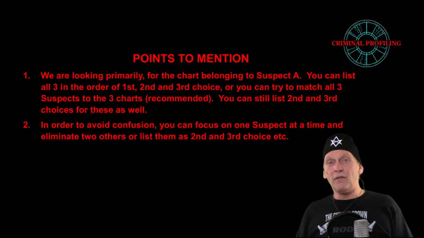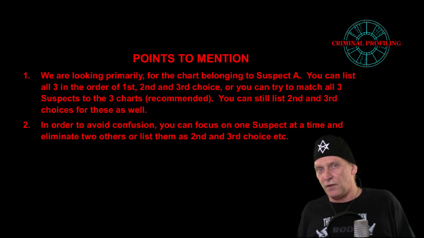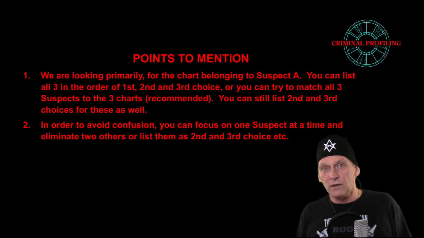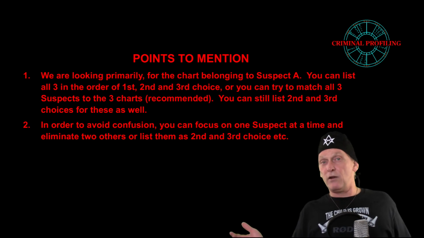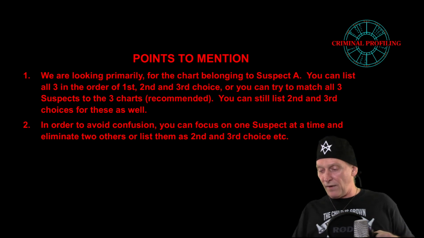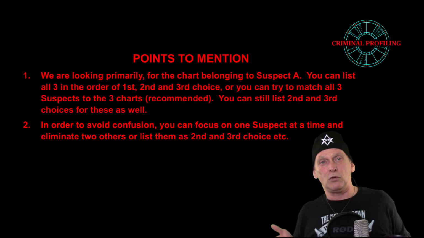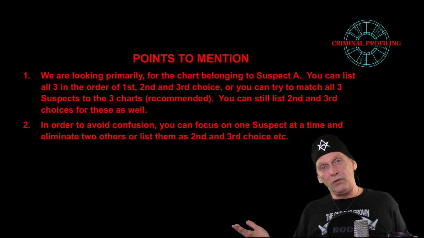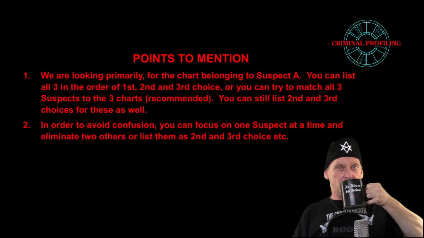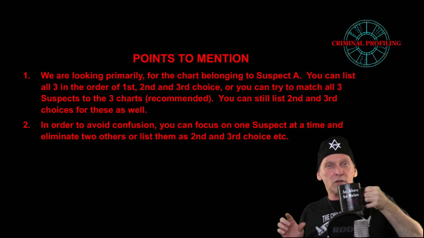So if you're looking for theft, it might show that in a different manner in which they did the theft or how they did the theft, right? It's not going to be the exact same way. But let's say that there's an outstanding thing on theft and you have that as 100% and you've chosen yourself a planet or a sign or something like that. Well, all 3 might have that because they all 3 did it, right? This is where it gets a little tricky and you get those little ins and outs.